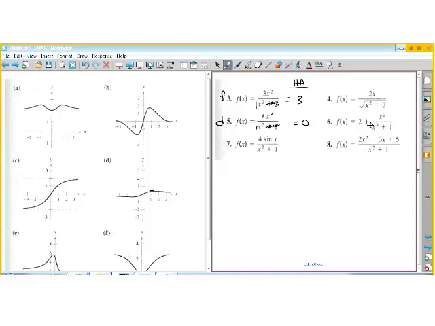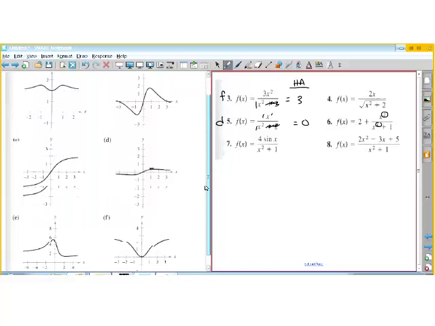And 7, well, let's go to 6. Again, looking at this term, what happens when x goes to positive and negative infinity? This one's to the 2nd power. This is to the 4th power. So this thing goes to 0 at plus or minus infinity, because this is less than that. So it has a horizontal asymptote of 2.